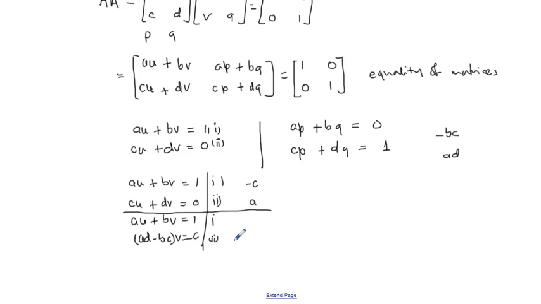This equation immediately gives you an answer to your v. It says v is equal to minus c over ad minus bc. Please get convinced that that is what you get. Do you see how we got that v?